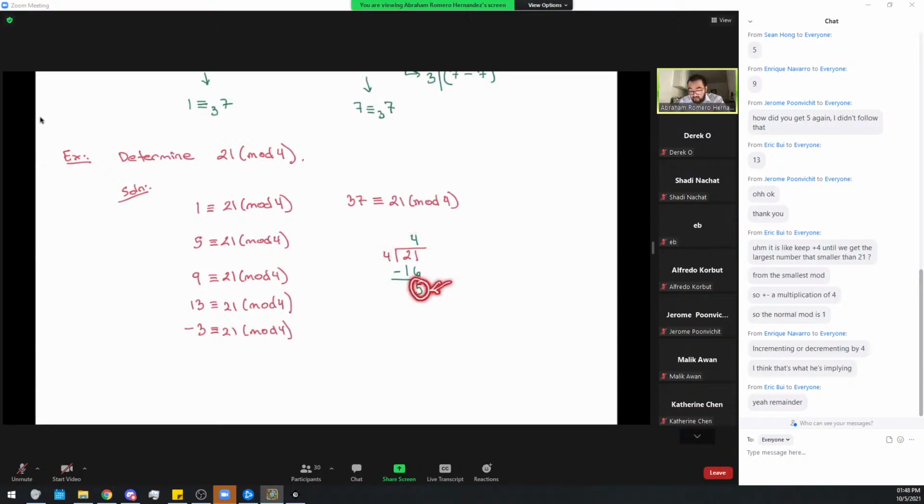This is still a remainder, isn't it? Same thing with 20, same thing with 9 here. I could say 4 times 3, this will be 12, and I get a remainder of 9. It's still a remainder. So this still represents a remainder, depending on how we look at it.